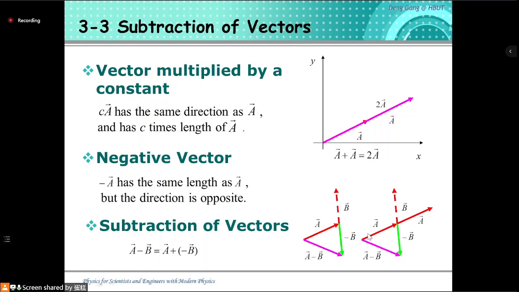Just like this: if this is A, the same direction, same length, this is also A. And this is B. And what is A minus B?